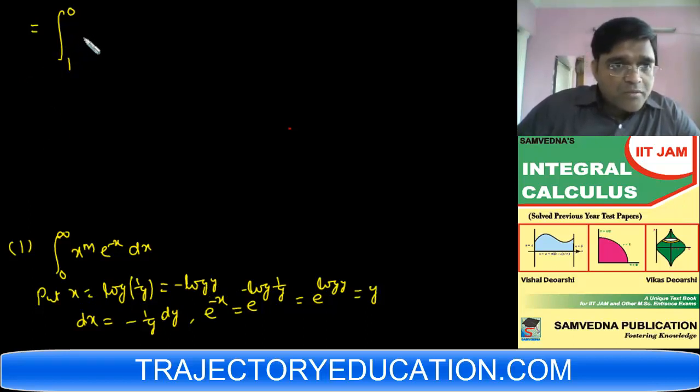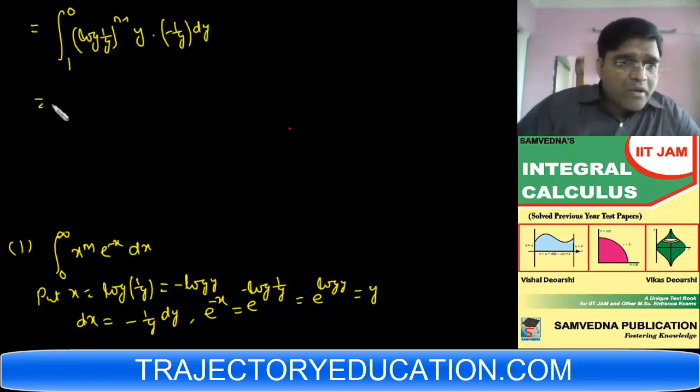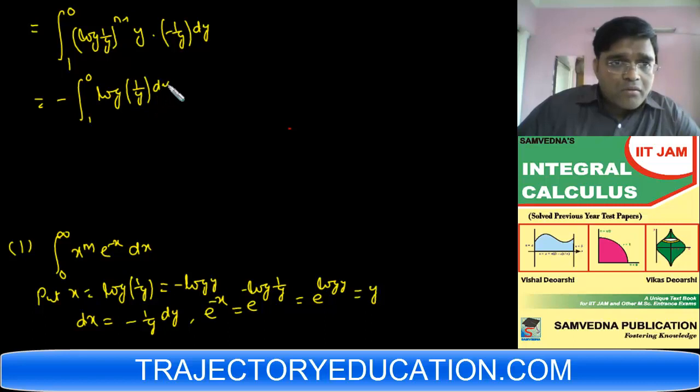x^(n-1) is (log 1 by y)^(n-1), e to the power minus x is y, and dx is minus 1 by y dy. So this will be minus the integral from 1 to 0 of (log 1 upon y)^(n-1) dy.